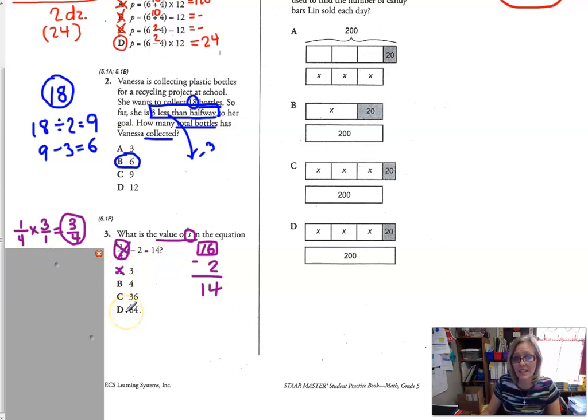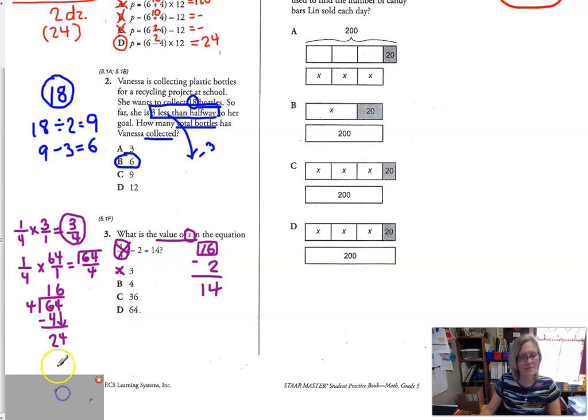I thought, you know what, since 3 was so small, why don't I just skip down and try the biggest one? So that's what I did. I did 1/4 times 64. So I made 64 the s, but I had to put it over 1, change it into a fraction. So 1 times 64 is 64, 4 times 1 is 4, and then I showed that little dividing bar because I knew this was an improper fraction.